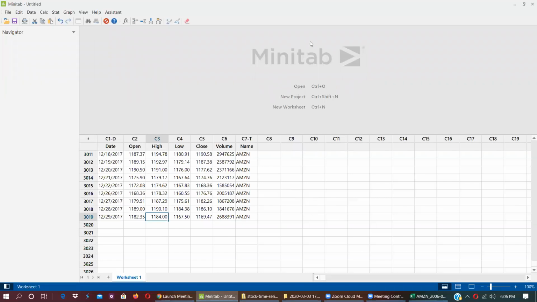So I'm just going to do a simple calculation. I have 10,000 divided by 1184.